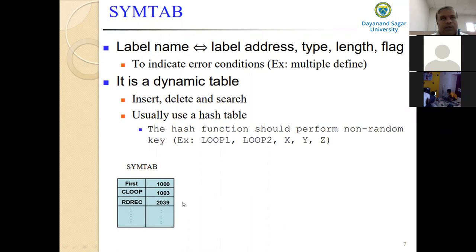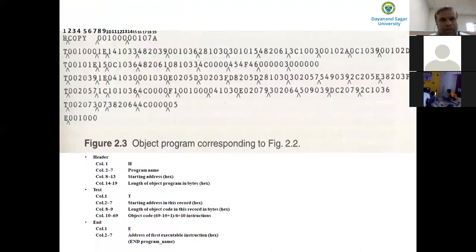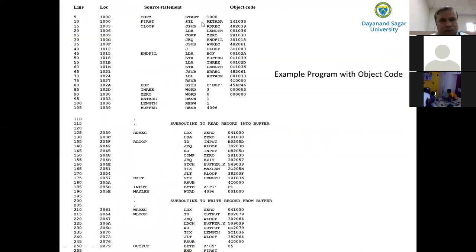So in the second pass, how is this symbol table used? During pass 2, the symbols used as operands are looked up in the symbol table. Say for example, in the STL instruction, we are using RETADR as a symbol.